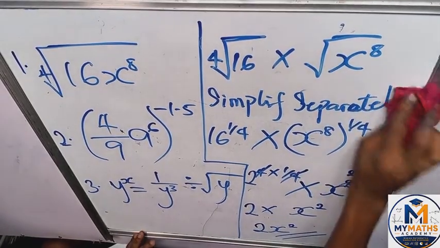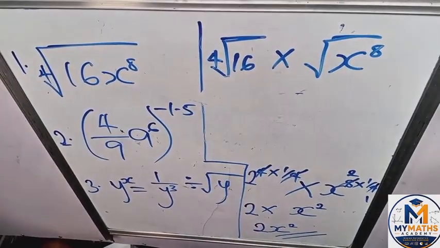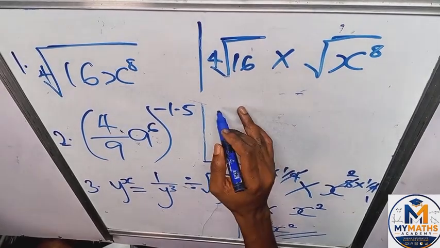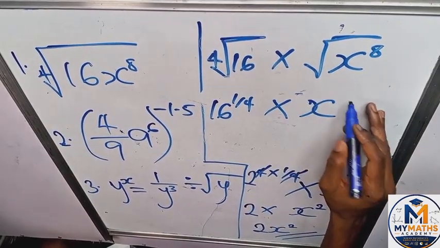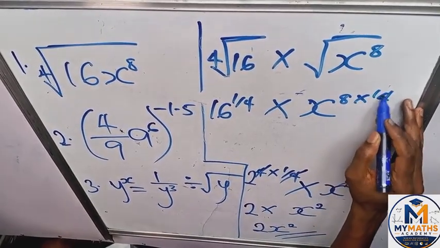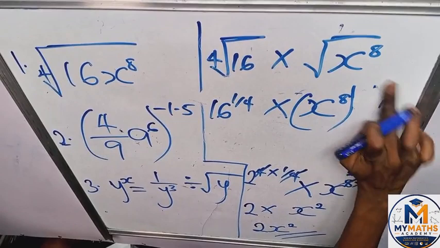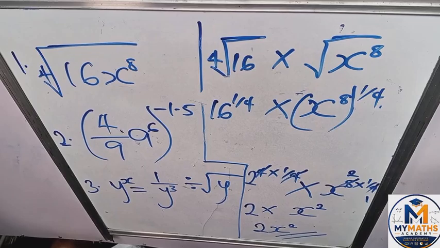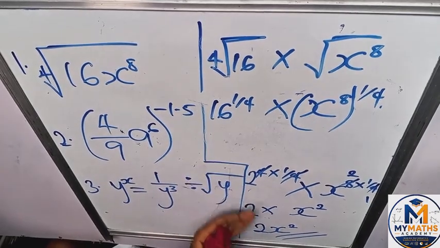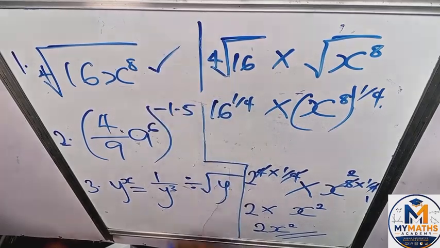Then you remove the root and put it in power: 16 raised to power 1 all over 4 times x raised to power 8 times 1 all over 4. It's the same thing. Then you keep on simplifying it and you end up having 2x raised to power 2. This is how to solve this question.